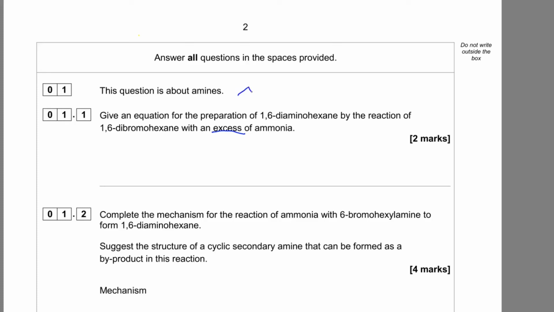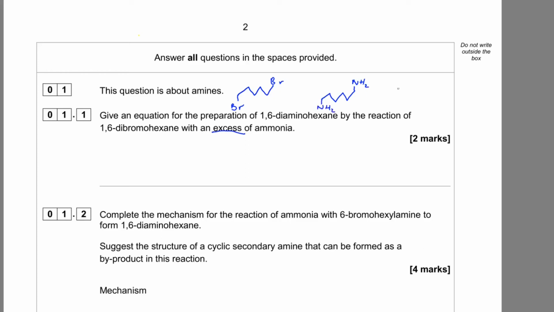1, 2, 3, 4, 5, 6. And it's dibromohexane, so I'd have a Br there and a Br there. So I'm going from that, and it's diaminohexane. 1, 2, 3, 4, 5, 6. And I want to make my amine like this.